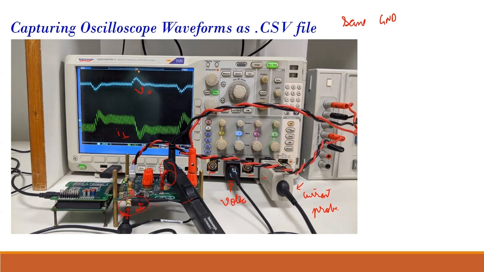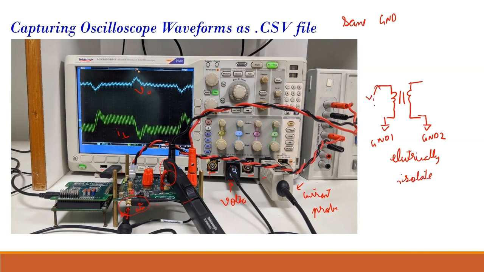Could you please explain this concept? Okay, one minute. Suppose there's a transformer. This is ground 1. This is ground 2. They are electrically isolated. Suppose I connect a probe over here.